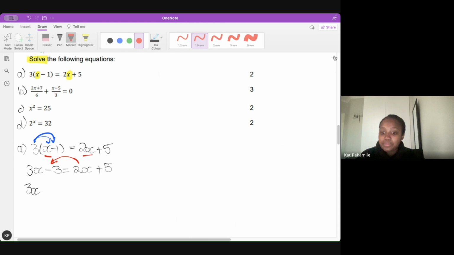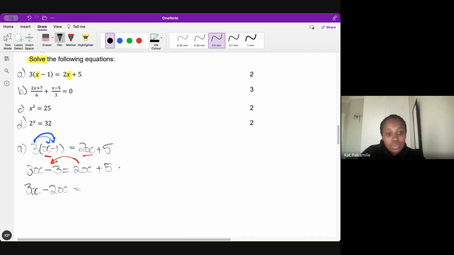So then I have 3x minus 2x is equal to 5 was already there, but I am moving 3 because it doesn't have x attached to it. Okay, it's not a like term. And if 3 goes over, it'll be 5 plus 3.